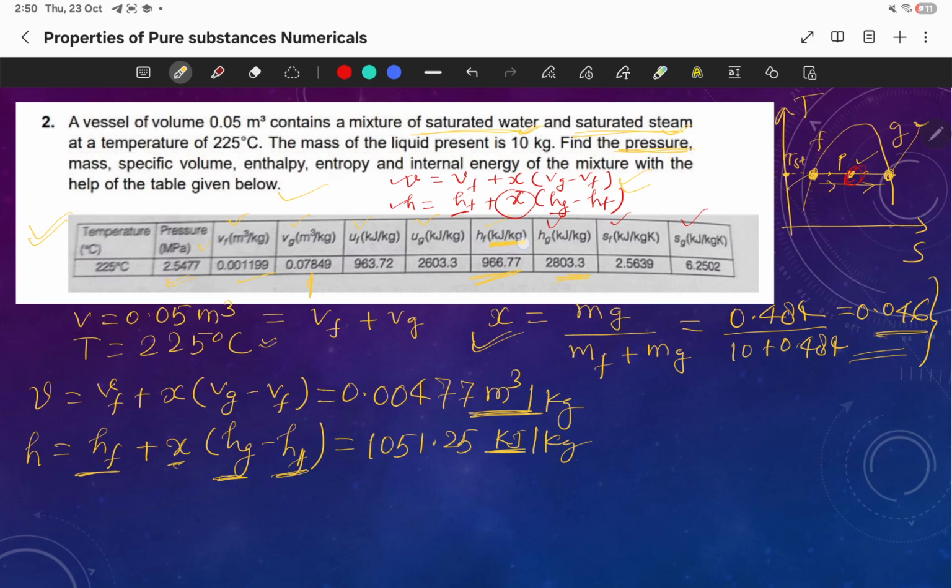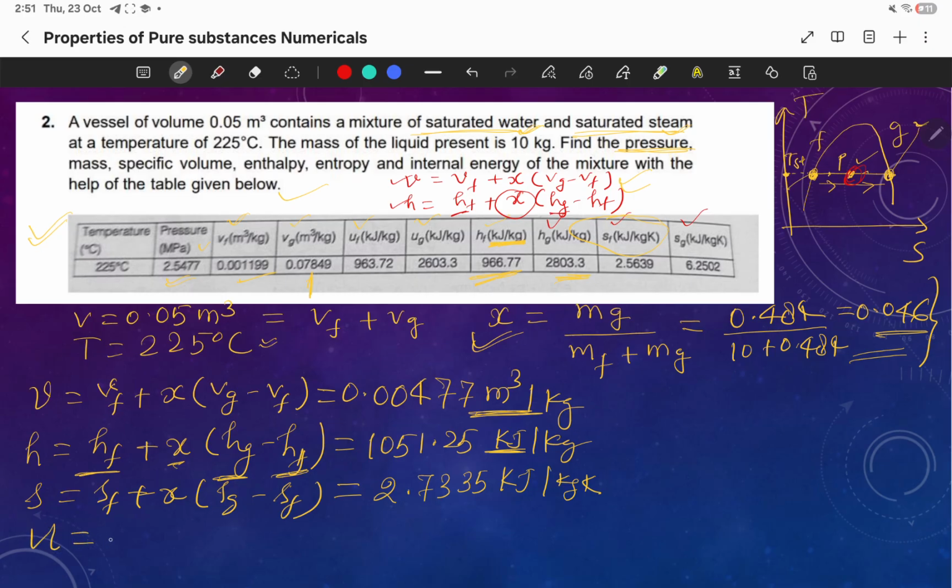Check, this is here. Now for entropy, similarly, we write Sf plus x into Sg minus Sf. This is the specific entropy. Do this calculation and we will get 2.7335 kilojoule per kg Kelvin.